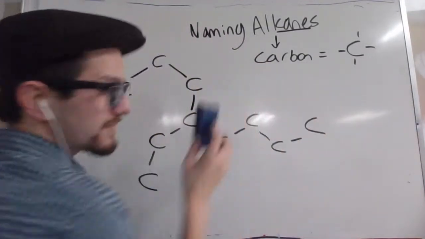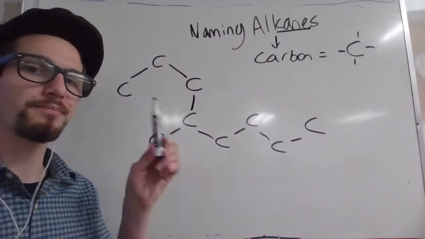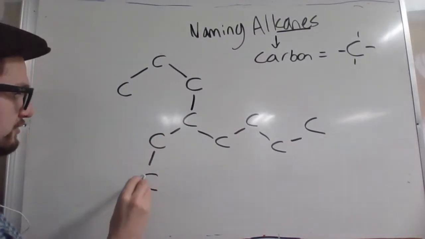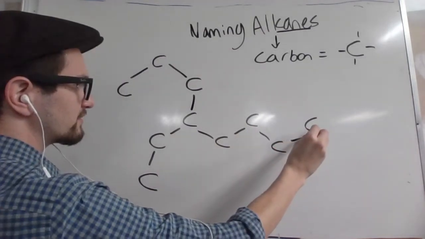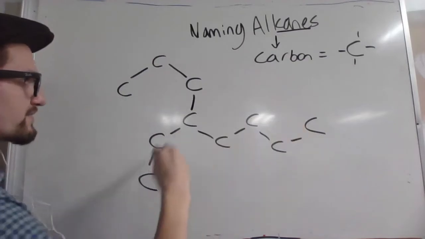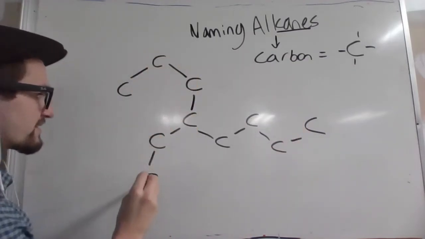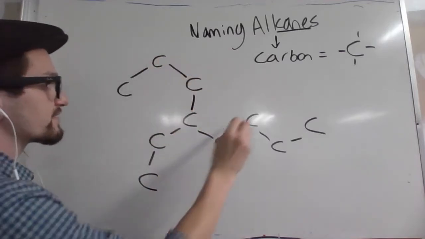So the way we name these is we look at the longest chain you can trace without picking up your pencil. So if I were to start here, I could do 1, 2, 3, 4, 5, 6, 7. And to get the other guys, I'd have to pick it up. So 7 is the longest chain here. I could start here and say 1, 2, 3, 4, 5, 6. Okay, 7 is still the longest. 1, 2, 3, 4, 5, 6, 7, 8.